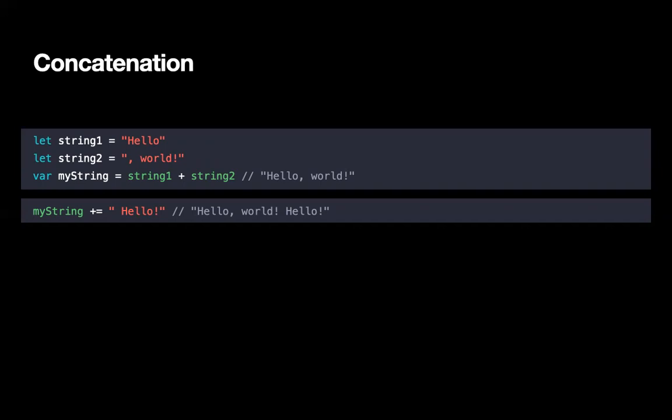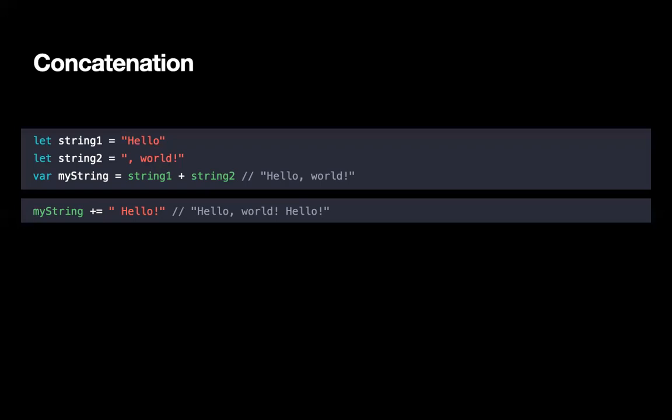If you want to combine or concatenate these two strings, you can use the below syntax. We have defined one variable called myString equal to string1 plus string2. That means to add these two strings, we can use string concatenation with the plus sign, string1 plus string2.